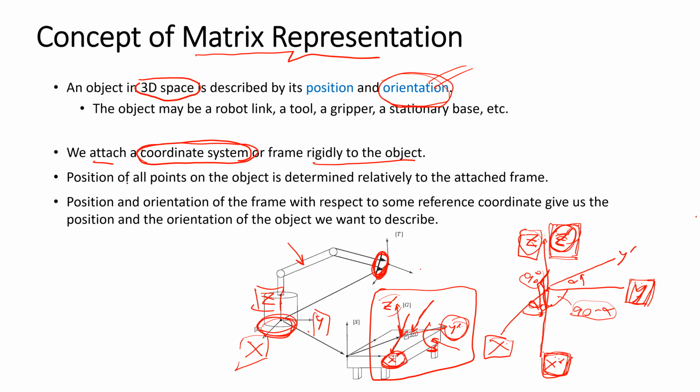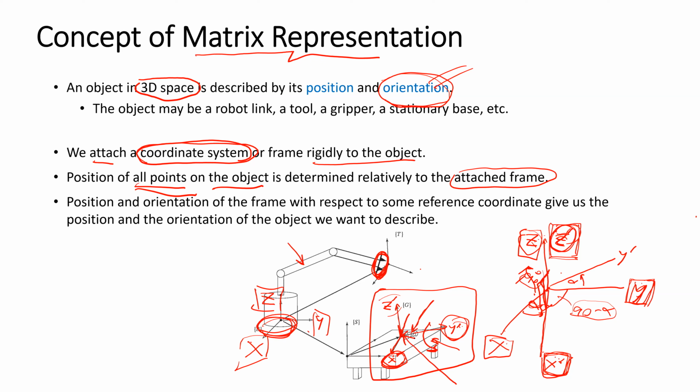And our point on the object is described through the attached frame. So in the picture, we know that the origin of the frame is put somewhere in the center of the head of the screw.